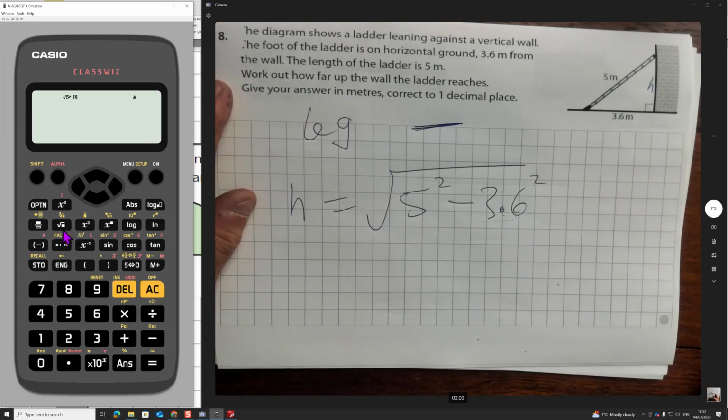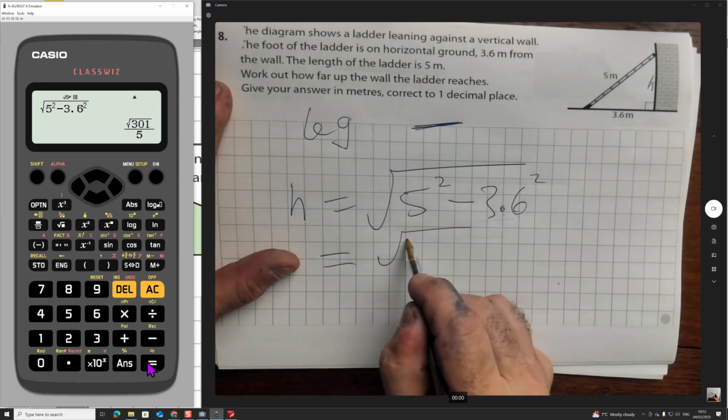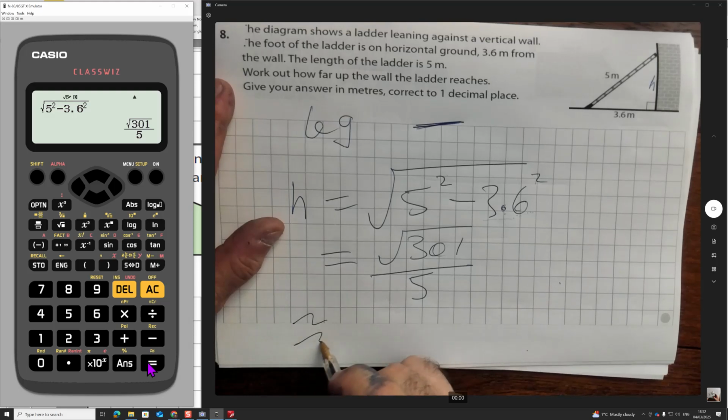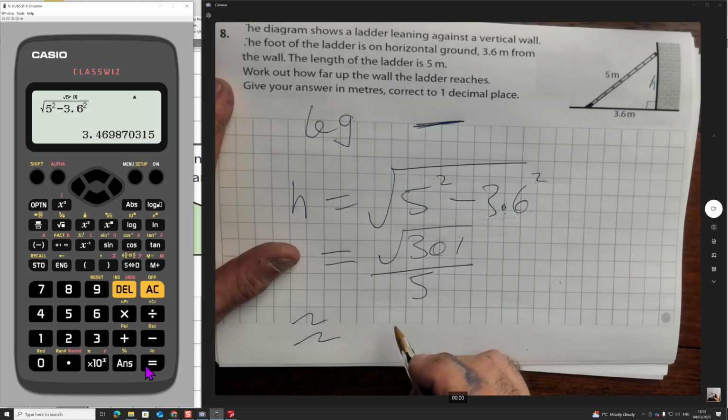Into your calculator, the square root of the exact value equals the square root of 301 all divided by 5. The approximate value 3.469.